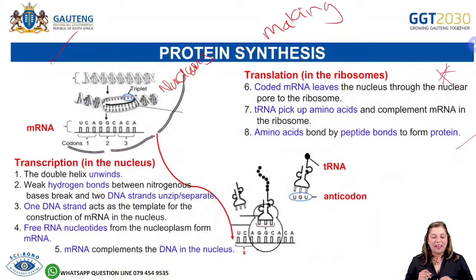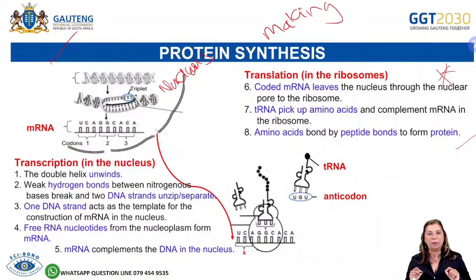We can see the nuclear envelope and the nuclear pore. That is where transcription takes place. Very, very important. If you are making notes, make sure you note that transcription takes place in the nucleus. They like to ask where it takes place, whether it's transcription or translation. So you must know transcription takes place in the nucleus.